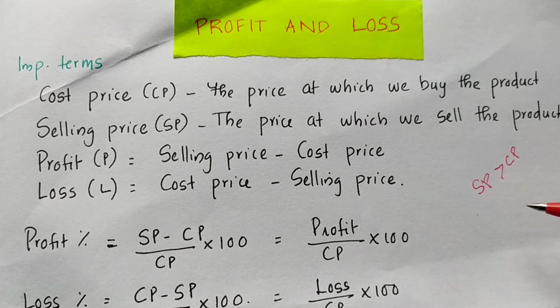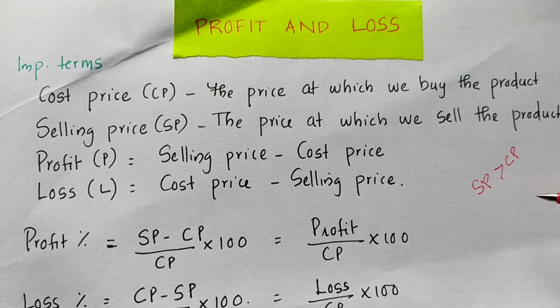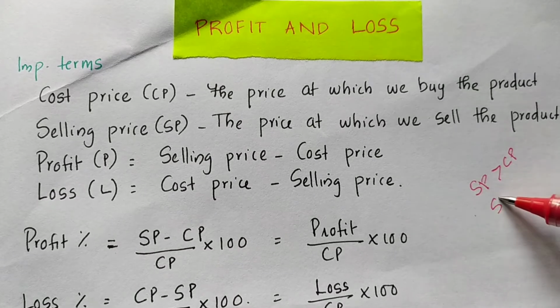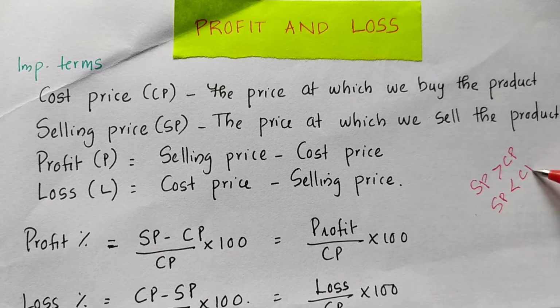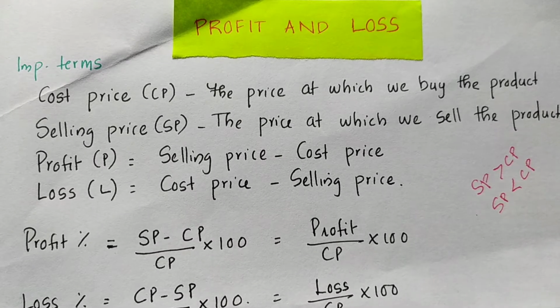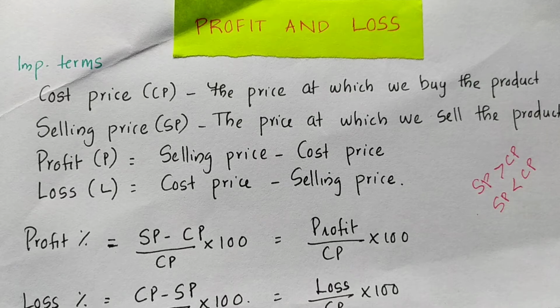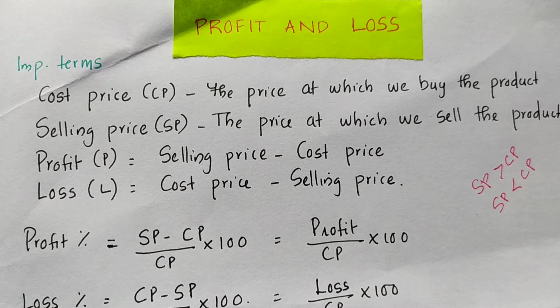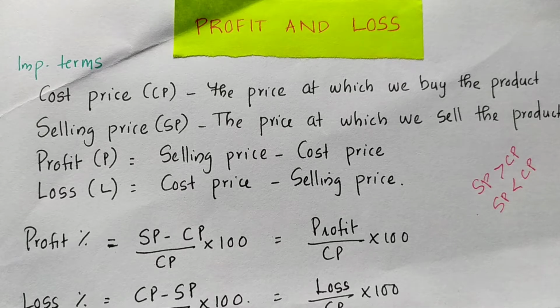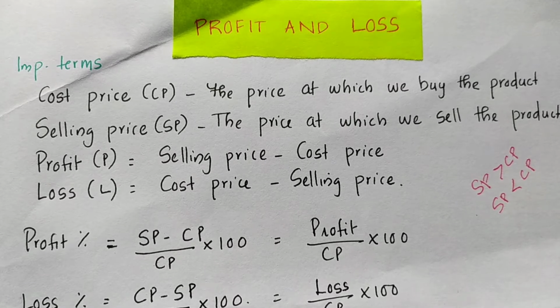So when we will have a loss, if our selling price is less than CP, then we will have a loss. That is, the price we have spent for buying the product is greater than the price or the cash we got by selling the product. So we will definitely have a loss.